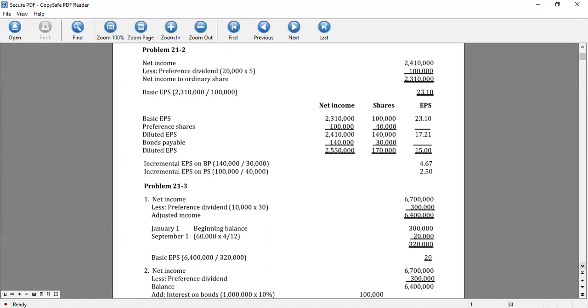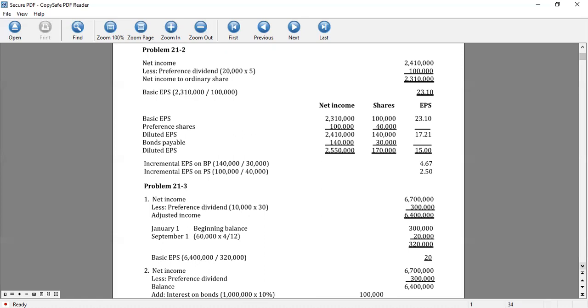So we have now the 10% bonds payable. So we now get the total number of shares after conversion of the two securities, 170,000, dividing the net income by 170,000. That will give the diluted earnings per share equal to 15.